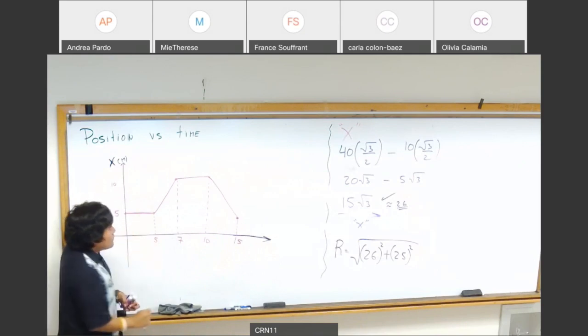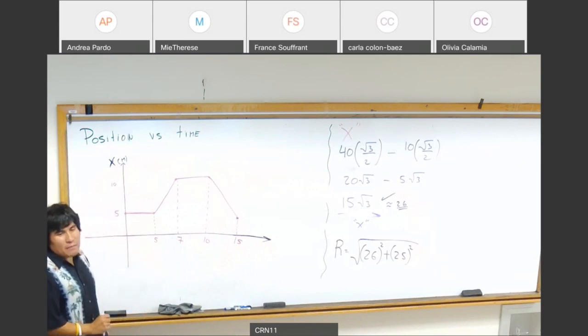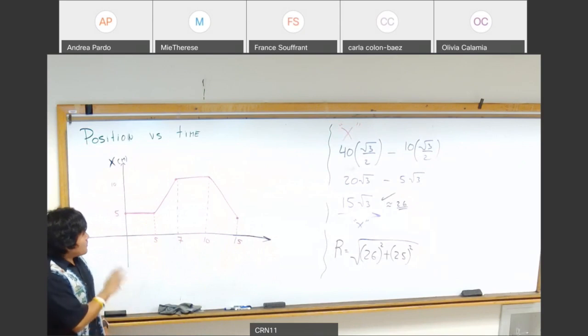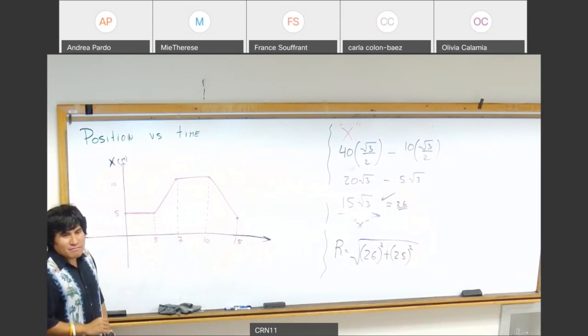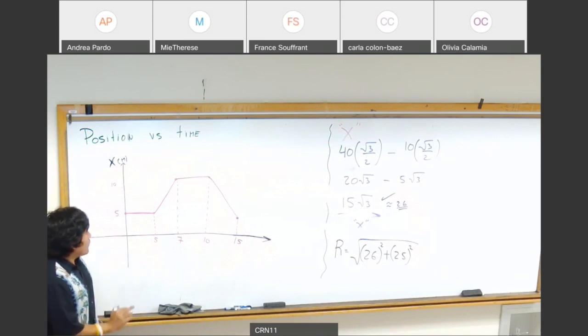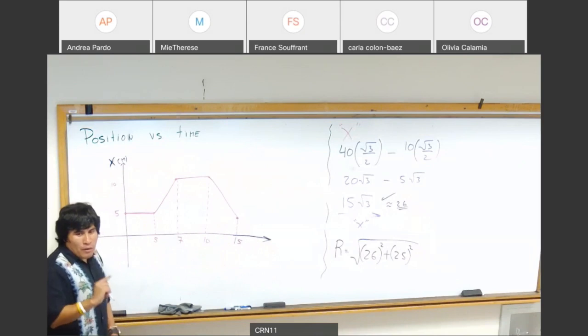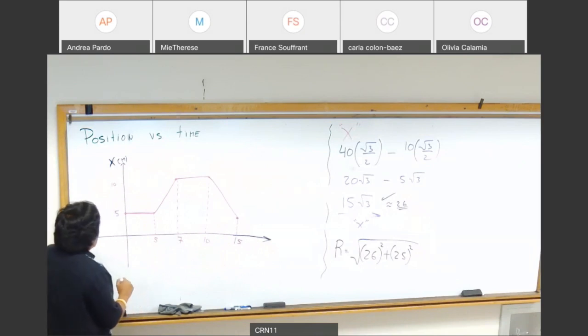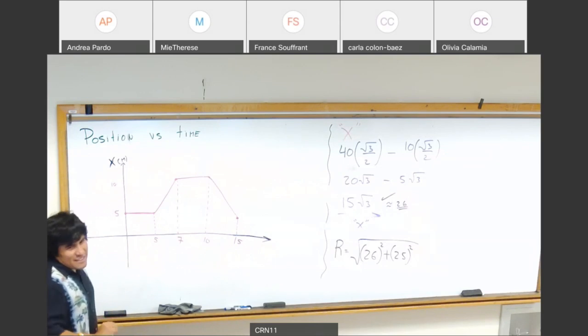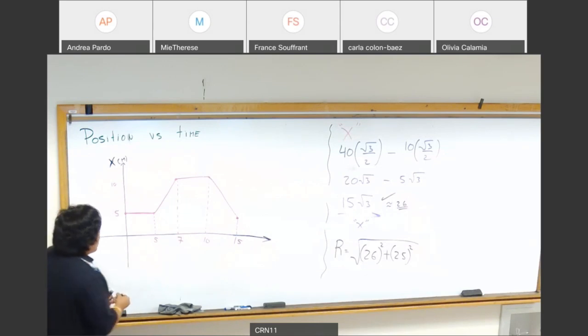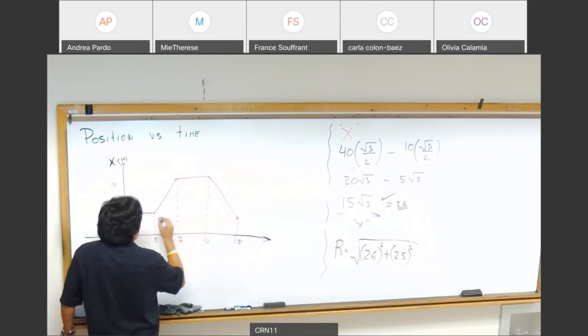Let me introduce you to your position versus time graph. And you can have a lot of information here. We will actually do a problem that I posted in the extra credit work there. You can get displacement and distance easily. You look at your final position.